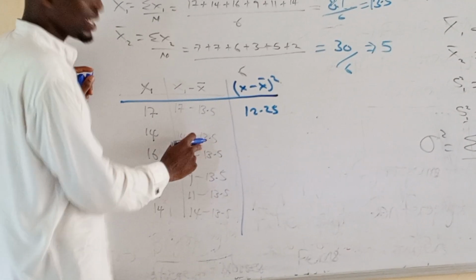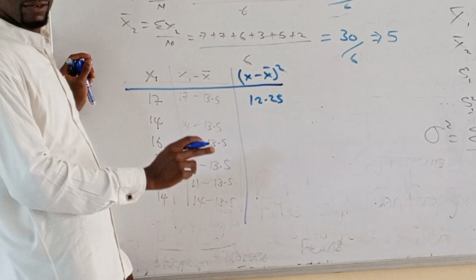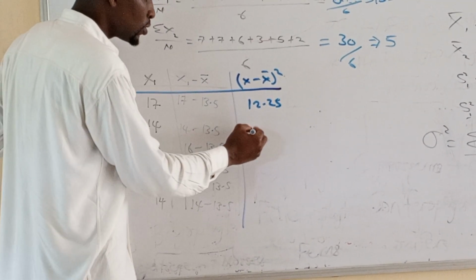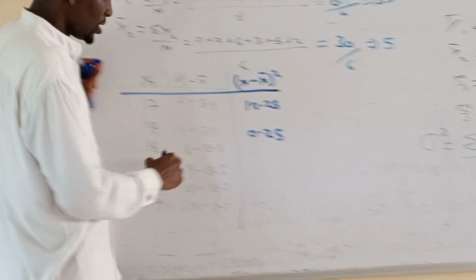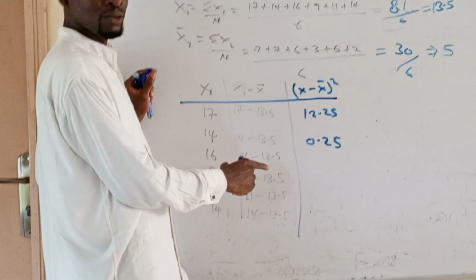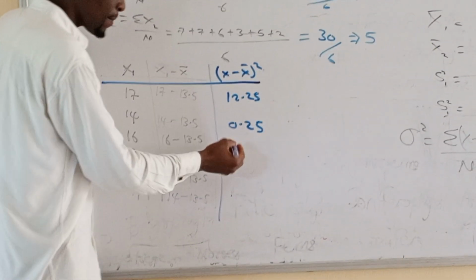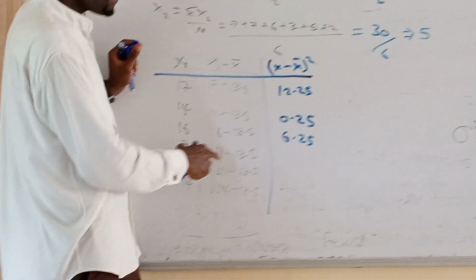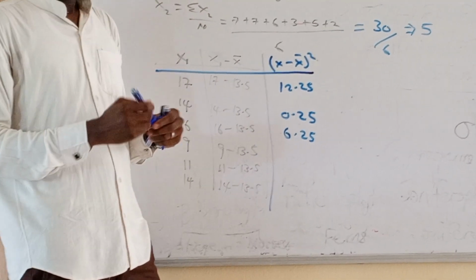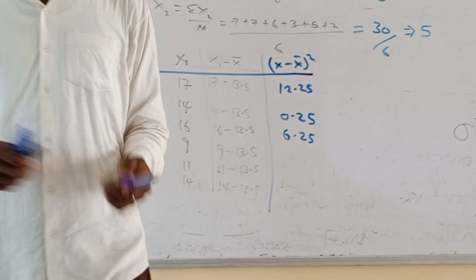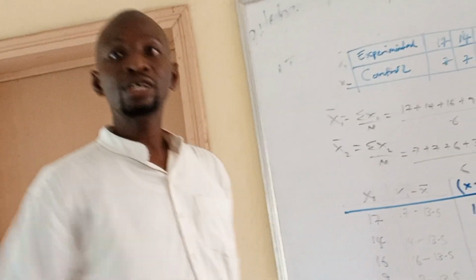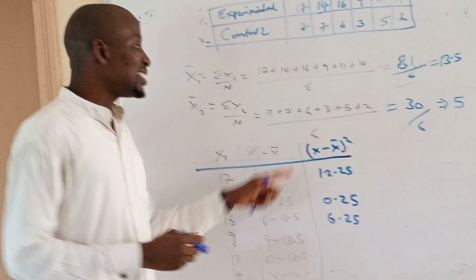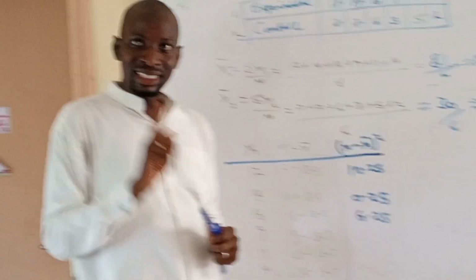So 14 minus 13.5 is going to be 0.5. Then square. 0.5 square will be 0.25. 16 minus 13.5 will be what? Then square. 6.25. 9 minus 13.5. You have to take note of the negative sign. That will give you minus 4.5. And the essence of you squaring is also to eliminate the minus.